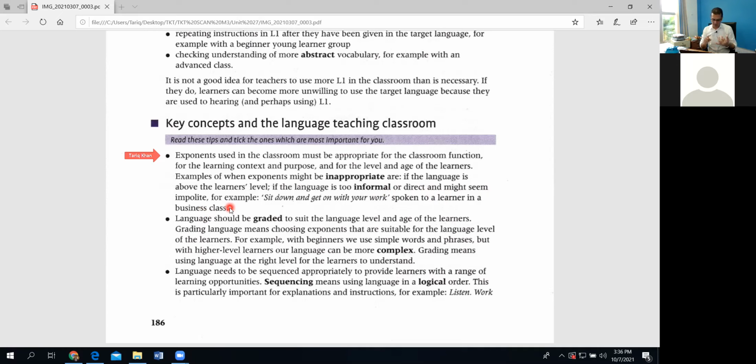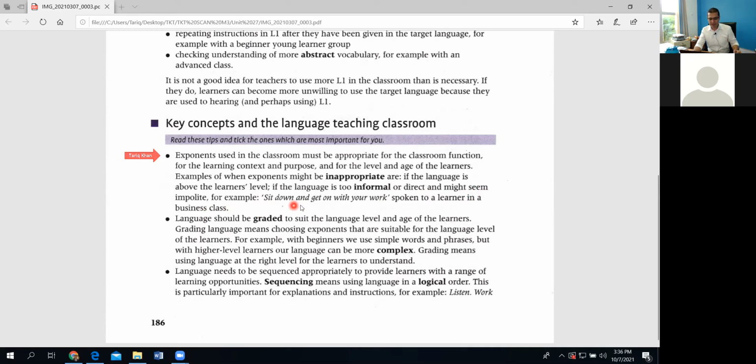You remember the function unit, when we were saying there was an example that the teacher comes to the class and says, "Hi guys, good morning." Very informal. So that is inappropriate. Likewise, sometimes it might be too direct.